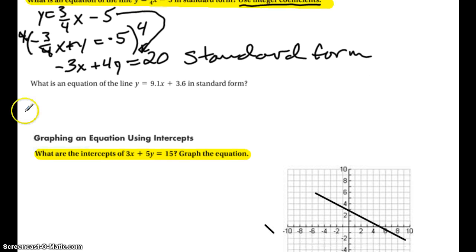Let's take a look at this equation. We've got a couple decimals involved here, so I'm curious to see how this is going to work out. So let's first get all of the x's and y's on one side. So I'm going to subtract 9.1x from both sides.